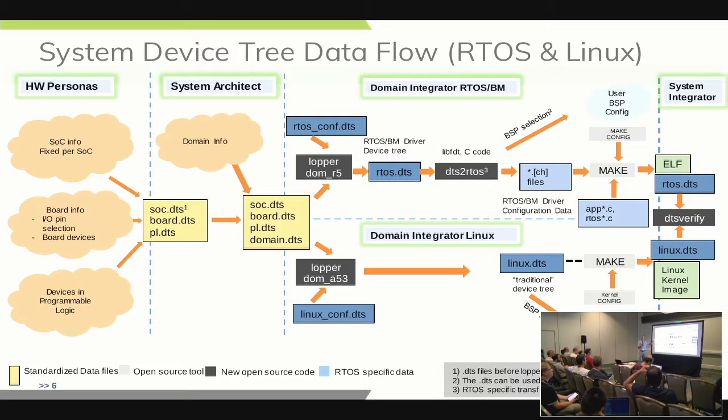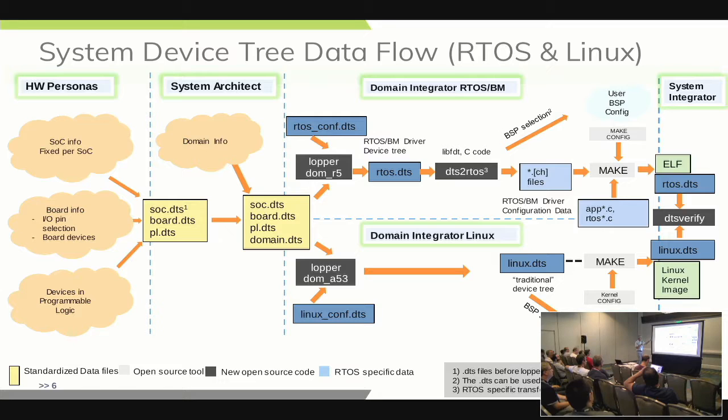You want to decouple that, so when you do a new board, you shouldn't have to go in and edit all the other files. So you should really make sure that the board-specific stuff comes from a separate source. Then we have something we call a system architect. That's the guy saying, oh, I have all this hardware to play around with. Well, how much should I give to the Linux guys, and how much can I give to the FreeRTOS guys or the VxWorks guys, and so on, or which devices should go where.